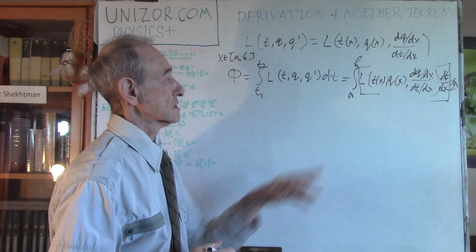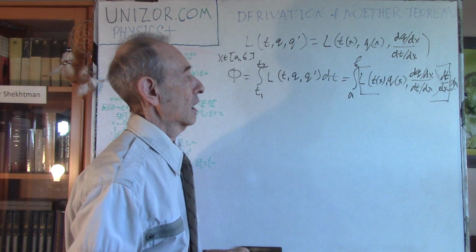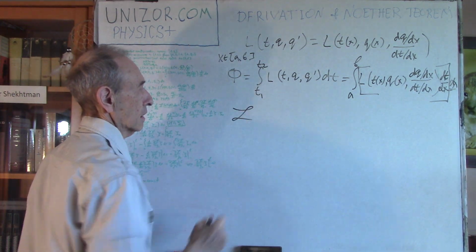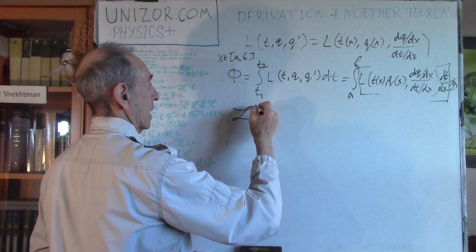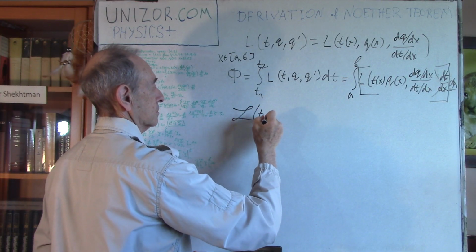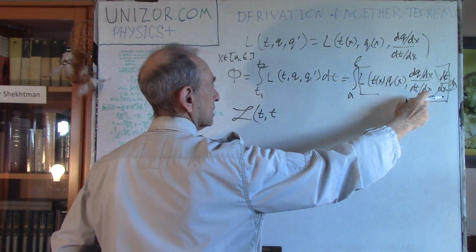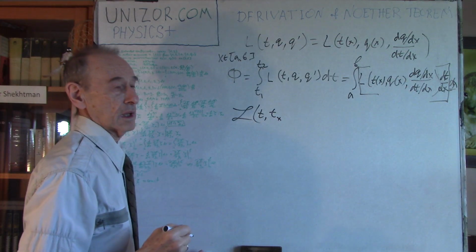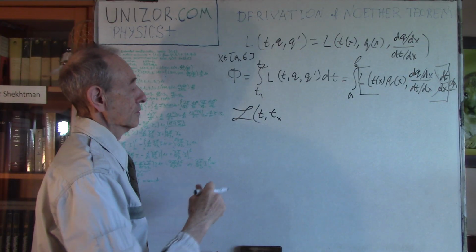So instead of using the Lagrangian, I will use a different function. I will use a function L, which depends on t, t_x, q and q_x. I'll use the subscript x for differentiation by x, just to shorten the notation.